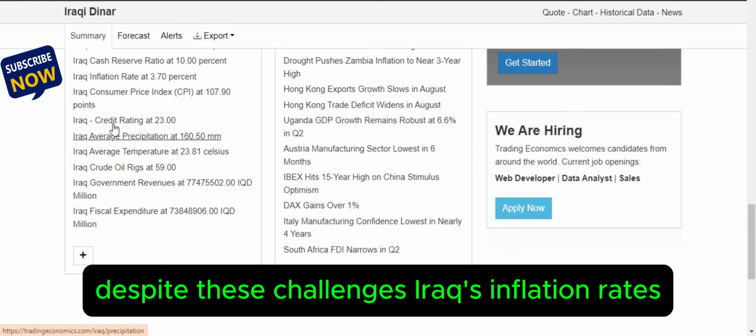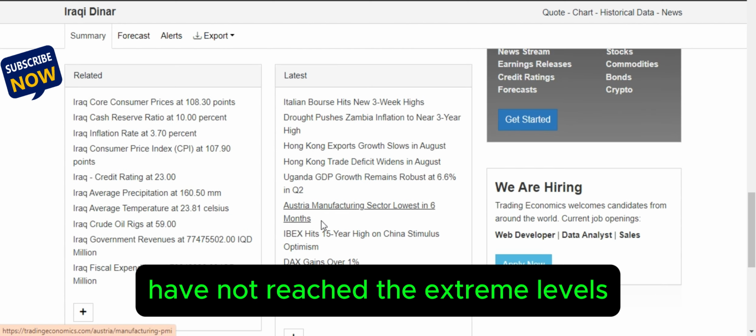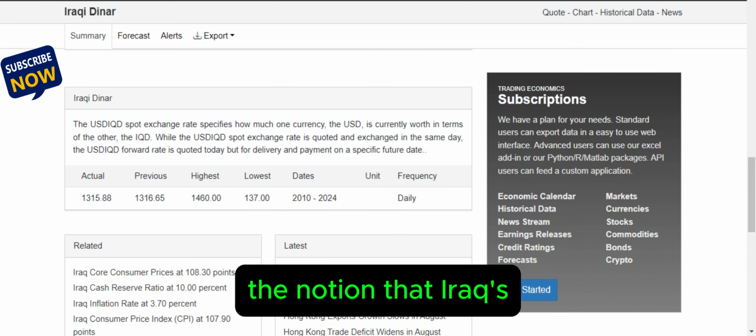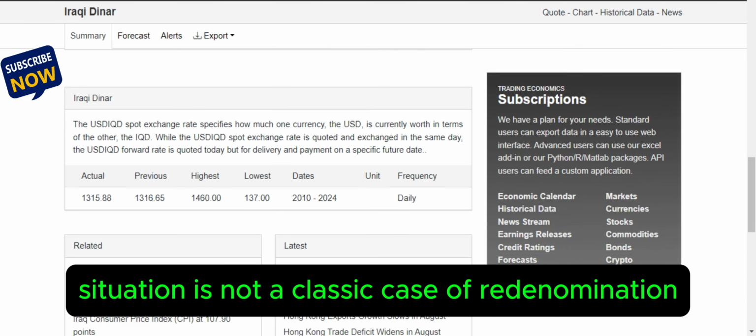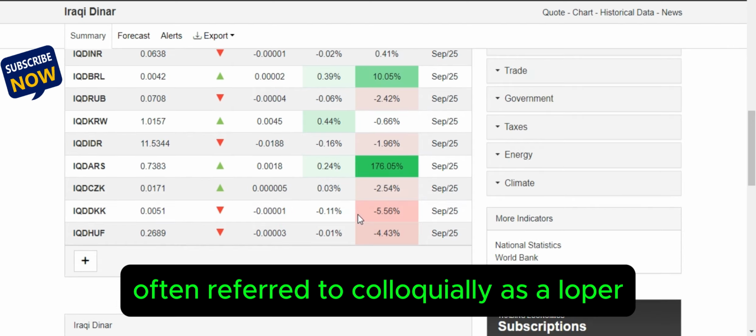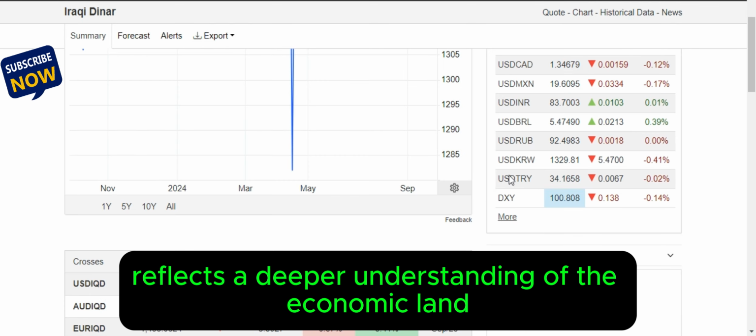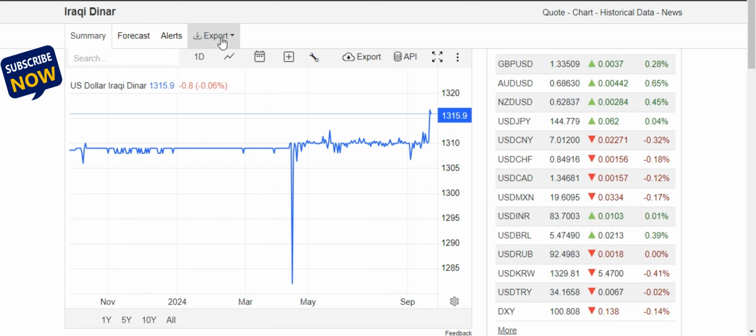Despite these challenges, Iraq's inflation rates have not reached the extreme levels seen in some other countries that have undergone redenomination. The notion that Iraq's situation is not a classic case of redenomination, often referred to colloquially as a LOPA, reflects a deeper understanding of the economic landscape.